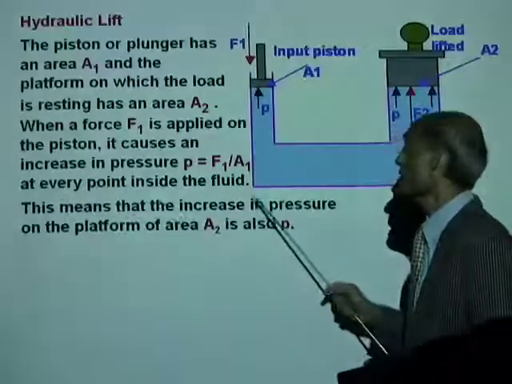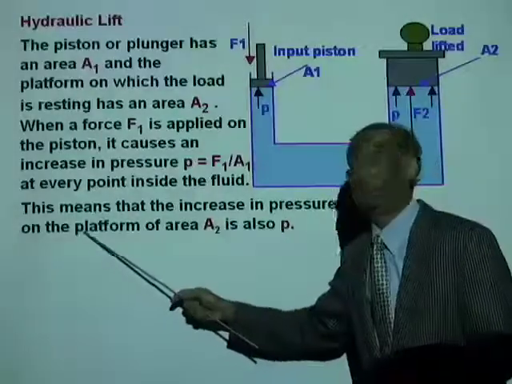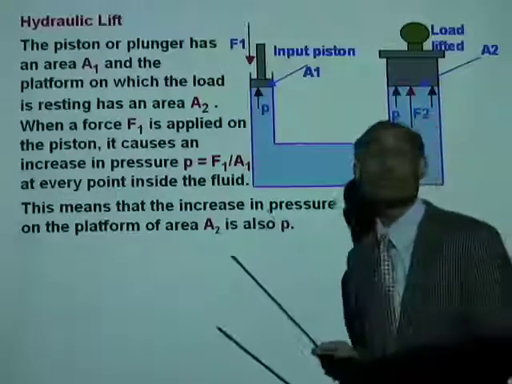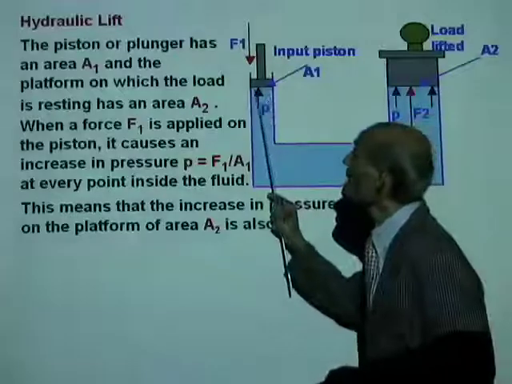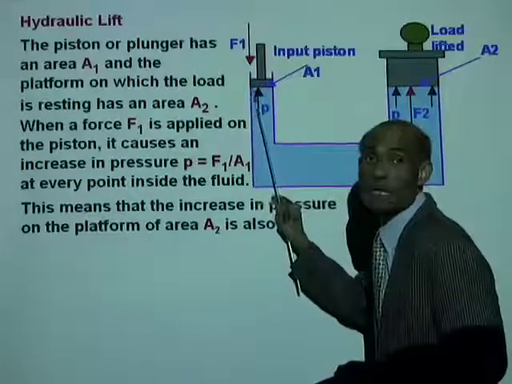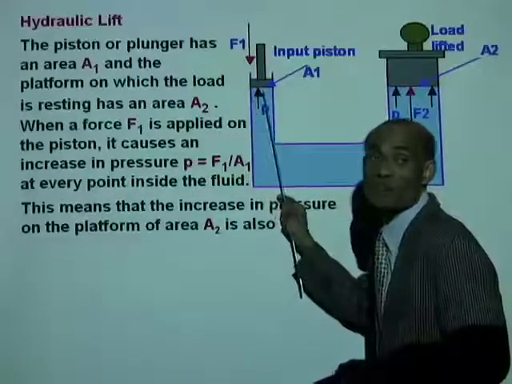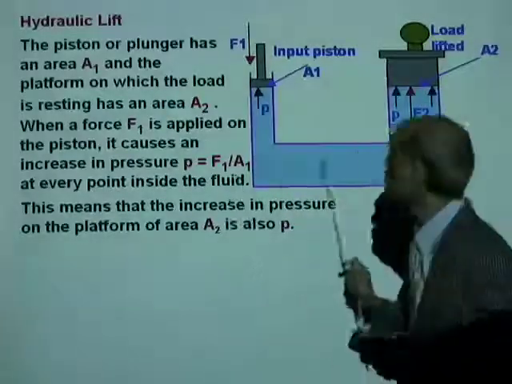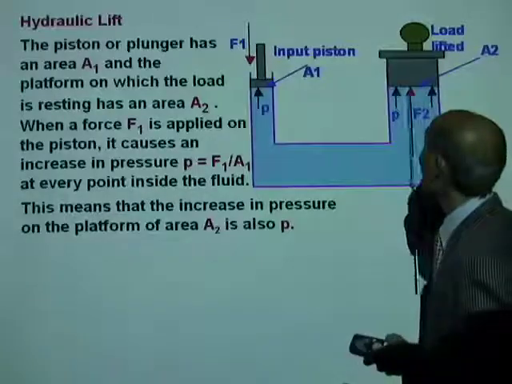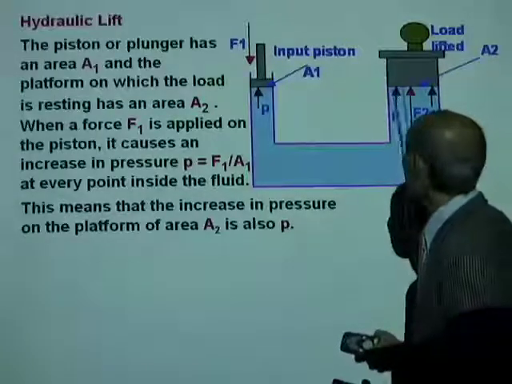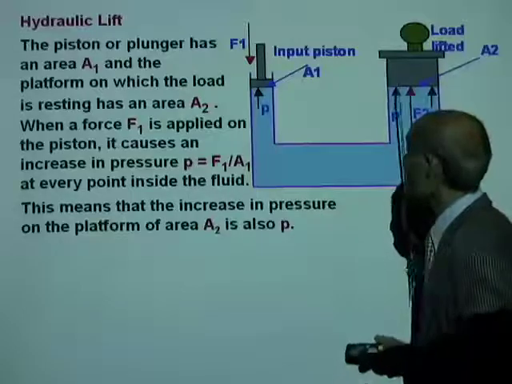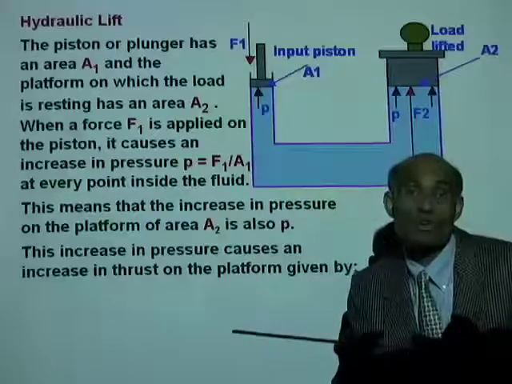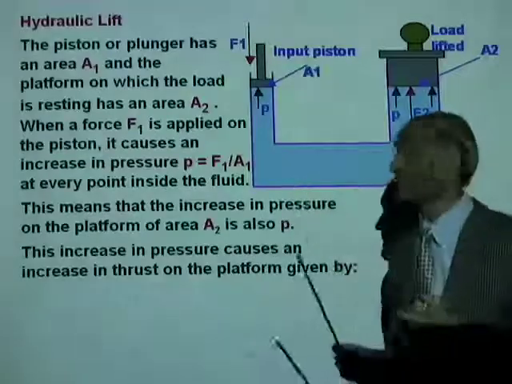This means that an increase in pressure on the platform of area A2 is also P. When there is an increase in pressure P near the plunger, there will be a corresponding and same increase in pressure near the platform. Well, if there is an increase in pressure near the platform, what is the force that will then push the platform up?